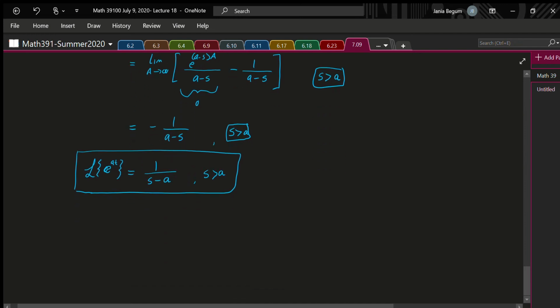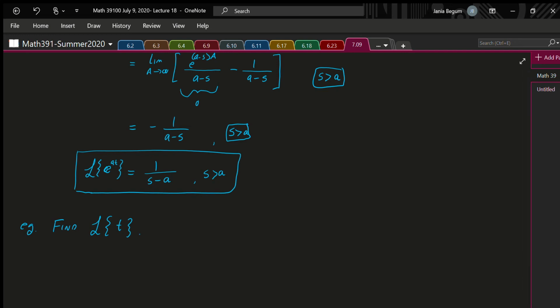Now, here's another problem that you can think about. How would you compute the Laplace transform of the function t? I'm not going to do it fully. You can check it for homework. What do you guys think?